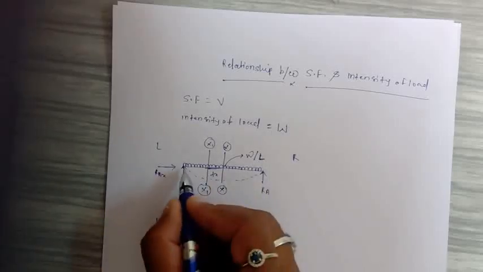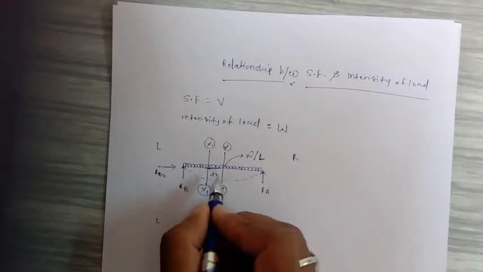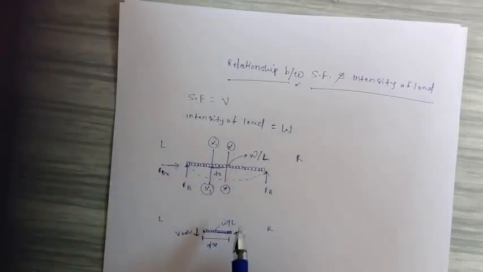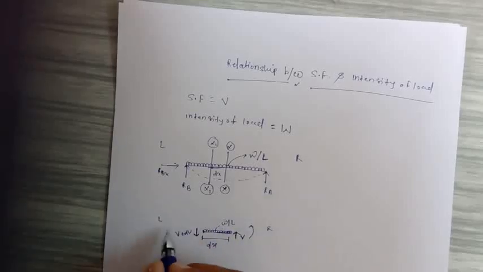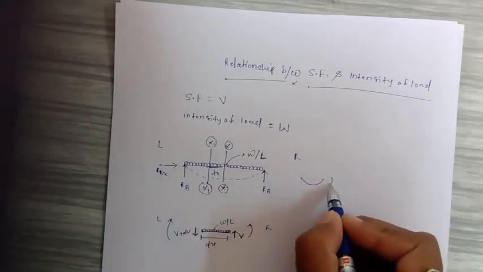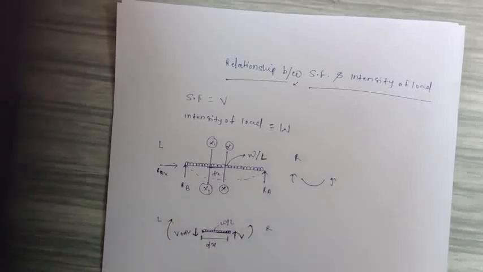Because of this downward bending by the UDL and the reaction which tries to lift this beam up, the moment will be produced in such a form, because this is nothing but a sagging. So sagging will be like this, and the bending moment will be like this in a sagging.